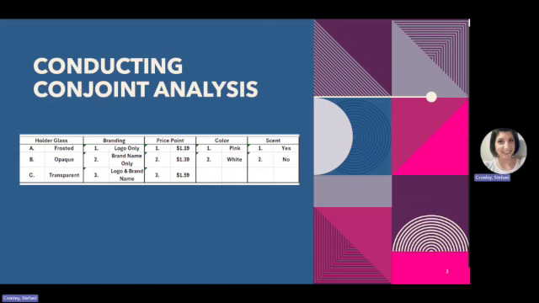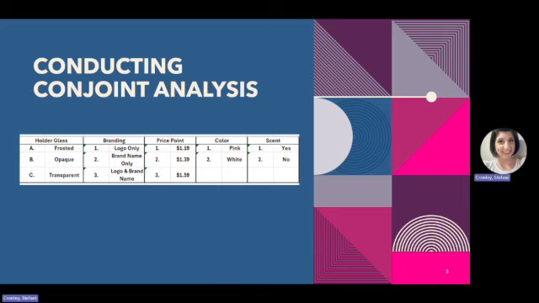What that really means is that people get overwhelmed with the number of choices, and then that denigrates the way and the accuracy in which they're responding to the survey. So it's considered a best practice to limit the number of product profiles, and industry standard is about 10 to 18 product profiles.